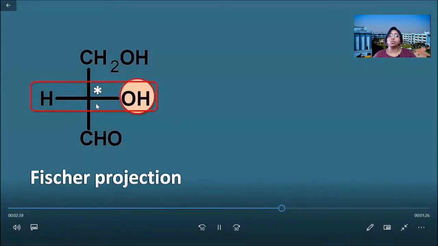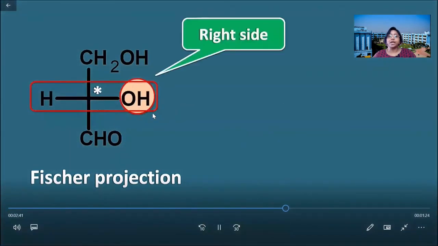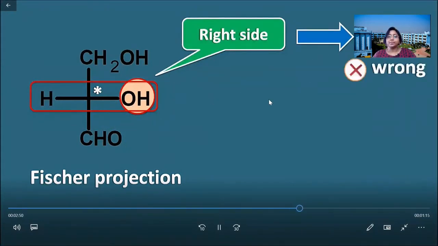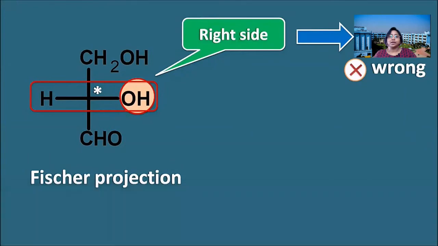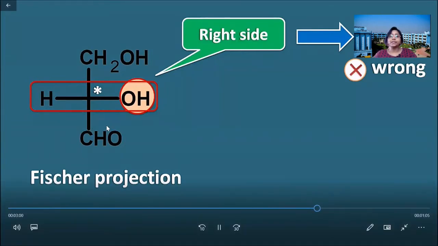Here there is only one asymmetric carbon, and the OH group, I told, is at the right side. So apparently you will say that is D-glyceraldehyde, but it is not the D configuration. Why?